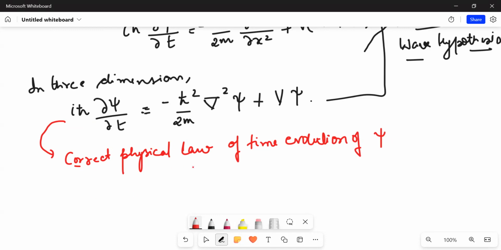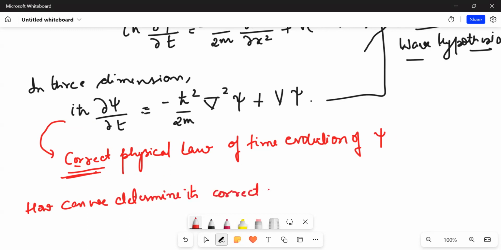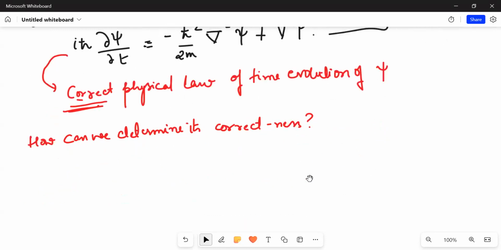How can we determine its correctness? So the question arises, how can we determine its correctness? The answer to this question is experimental validation.